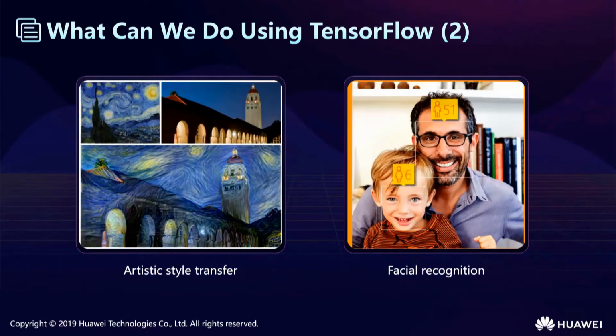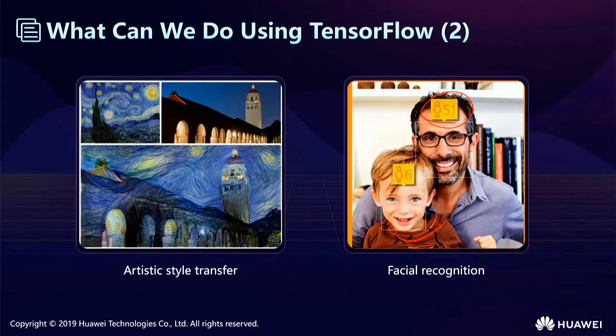Note that image recognition is much more mature. You can use it to generate various interesting pictures, transfer pictures into artist styles, and it can also detect people's age. For example, it can recognize the boy is 6 and the man is 51.